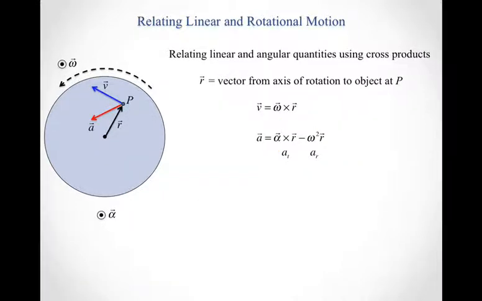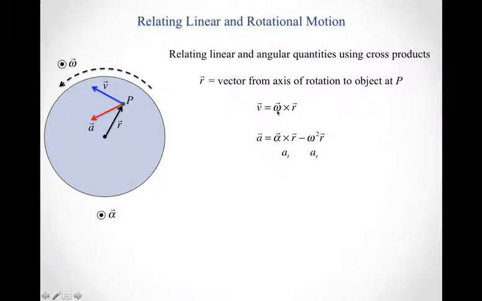So the last detail is how these quantities relate as vectors depends on a cross product. We talked about how the linear speed relates to the angular speed, but if you want to think about how the linear velocity relates to the angular velocity, it's given by this cross product.